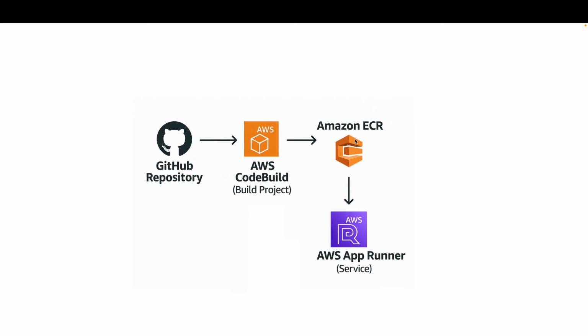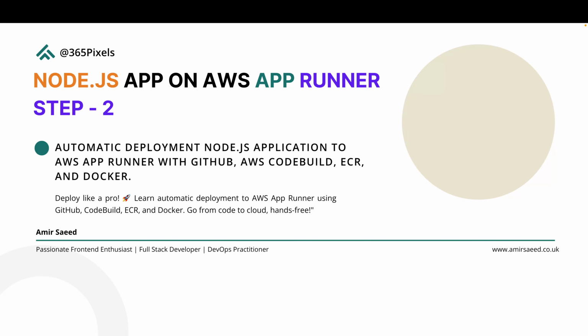The next one will be ECR to App Runner straight away. The moment we create this new ECR container image, it will automatically trigger the deployment to App Runner.